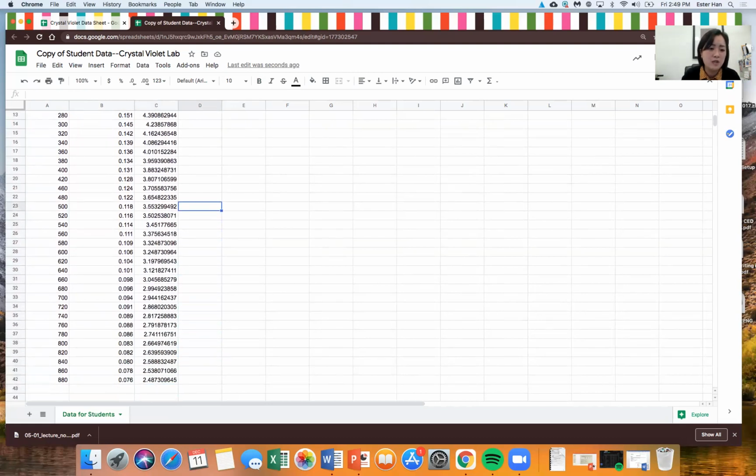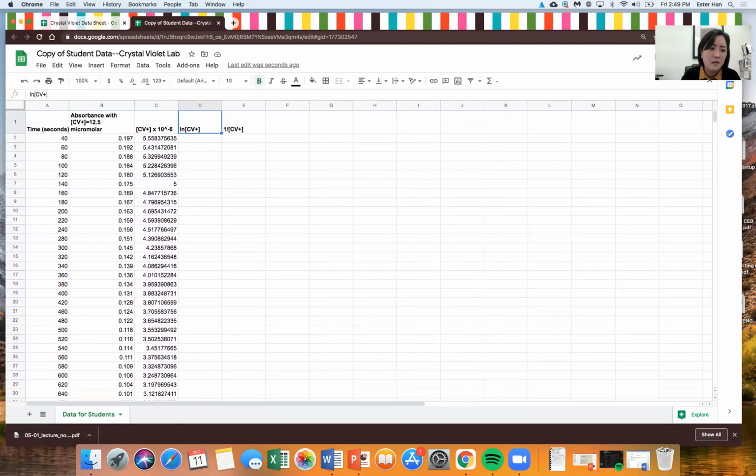Okay, so moving up, we're going to do the exact same thing. We know the concentration of crystal violet. Now let's figure out what the natural log of the crystal violet concentration is. So one more time, make sure you hit the equal sign here. And then you're going to type in natural log, ln. You're going to see the ln suggestion. So I'm going to hit enter for that and it should come out capitalized, LN.